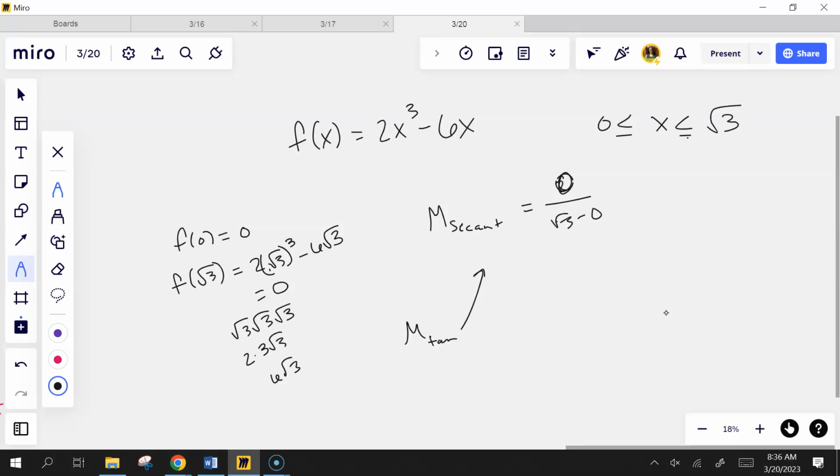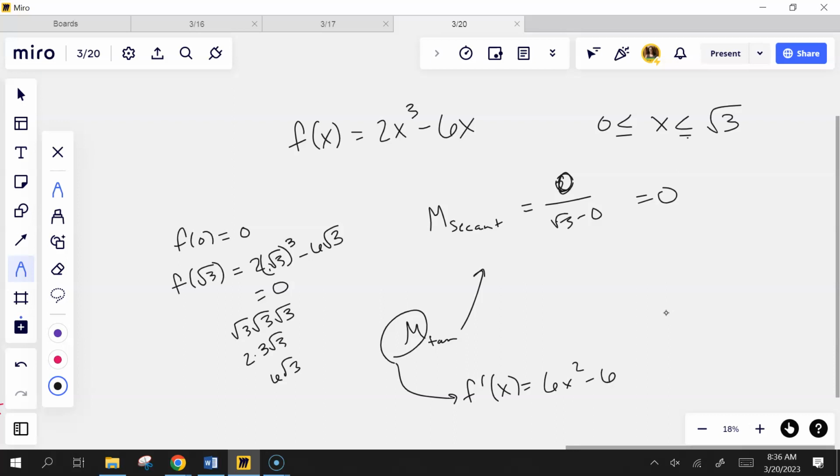So what I'm looking for is where is my tangent line horizontal? Or where is the slope, where's the derivative equal to 0, is essentially what we're looking for. So I need the derivative: 6x squared minus 6.